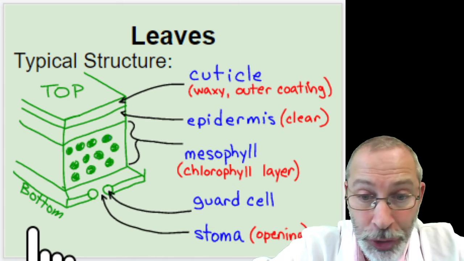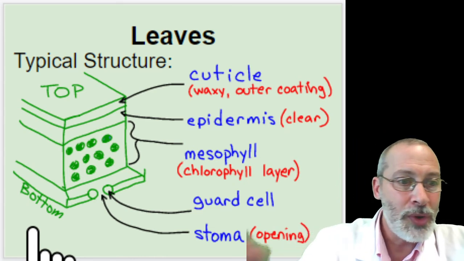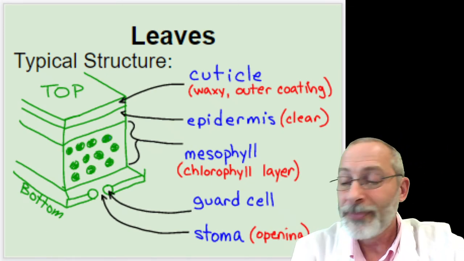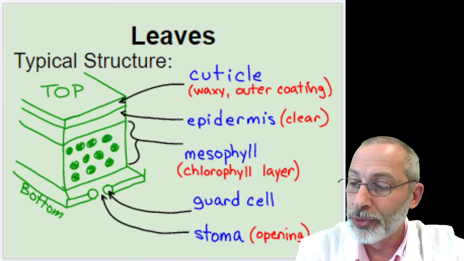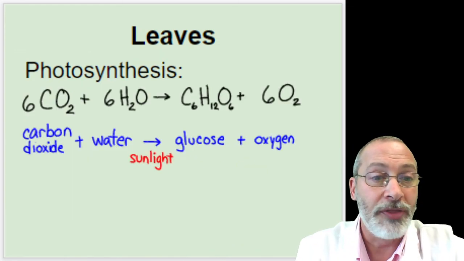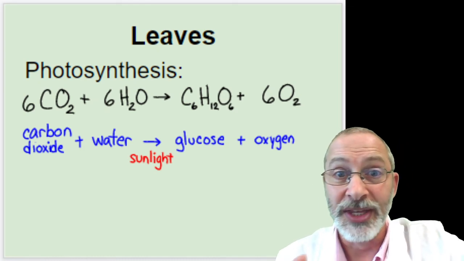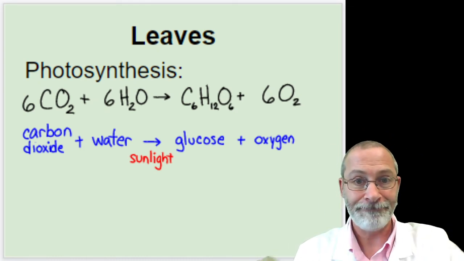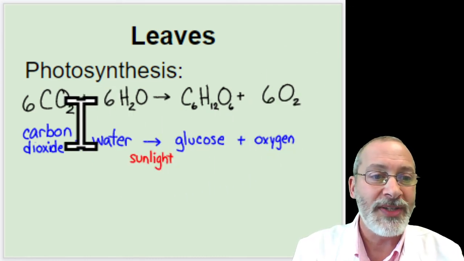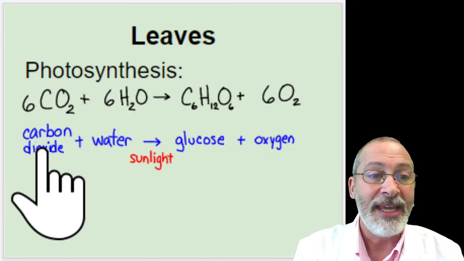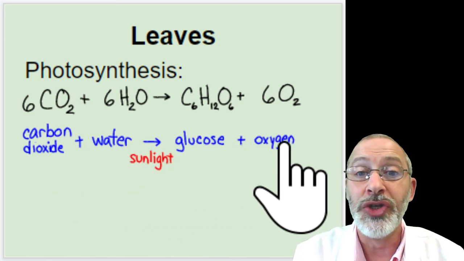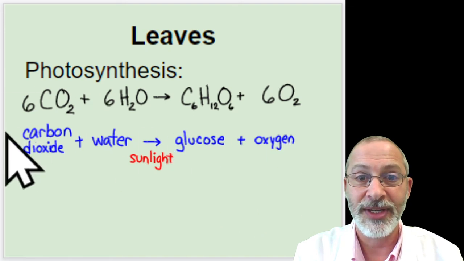All right, so we have gone over the three basic parts, the roots, stems, and leaves of vascular plants. I want to finish here with photosynthesis, this chemical equation. Check it out. This is what is happening chemically inside every plant cell during photosynthesis.